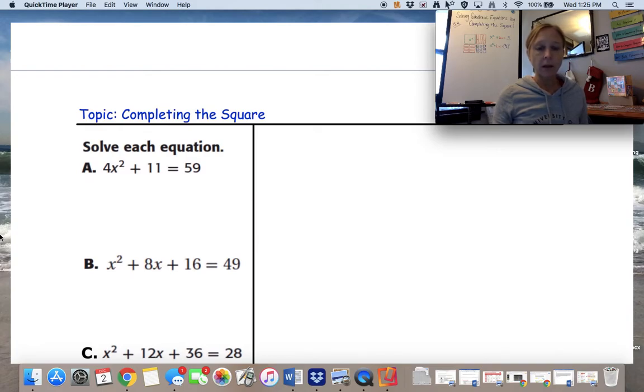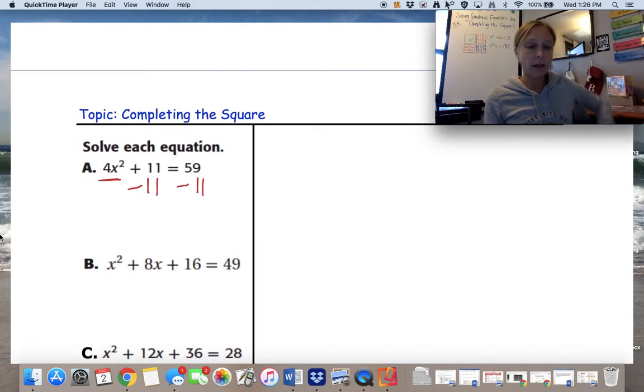Well, typically I set all my quadratics equal to 0 if I'm going to factor them. But in this case, I'm noticing there's no b term, there's no x term. So I think what I might try doing is subtracting 11 from each side. And the reason I'm thinking this might be a good idea is because I know that 4x squared is a perfect square, and I can take the square root of that.